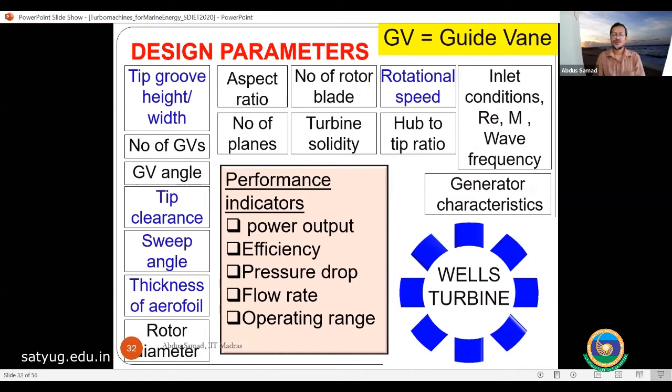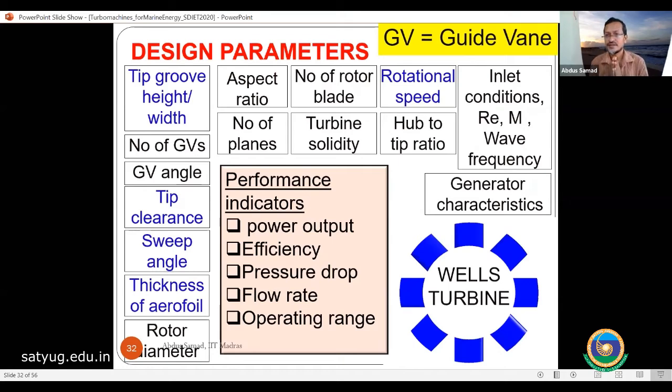Now we'll be going inside the turbine. Okay, now we see from renewable energy, marine energy, wave energy, oscillating water column, turbine, Wells turbine. Now, within Wells turbine, we are moving into further details. So Wells turbine, if you want to modify, why should you modify?